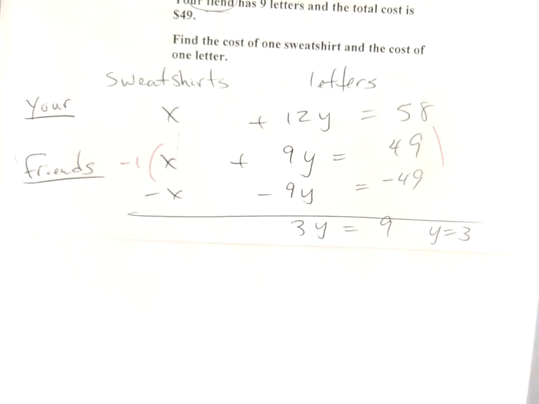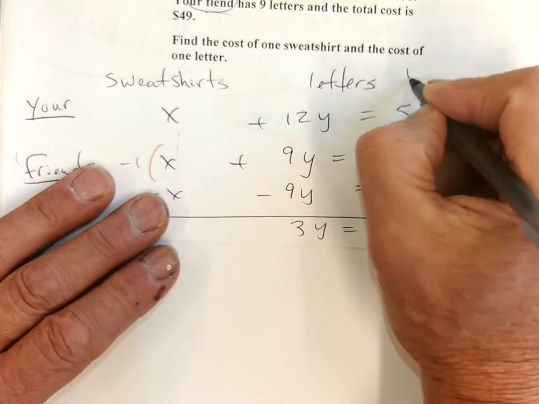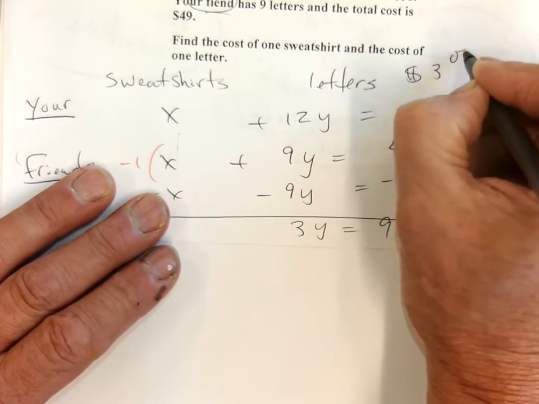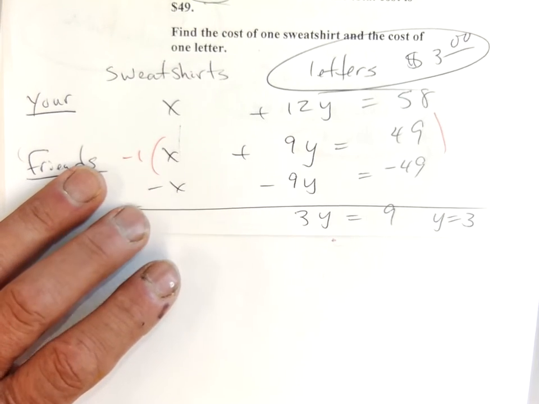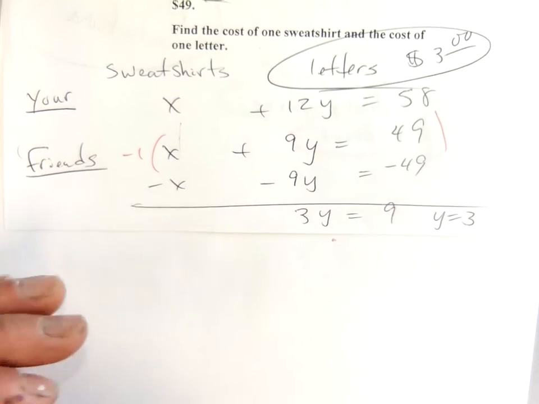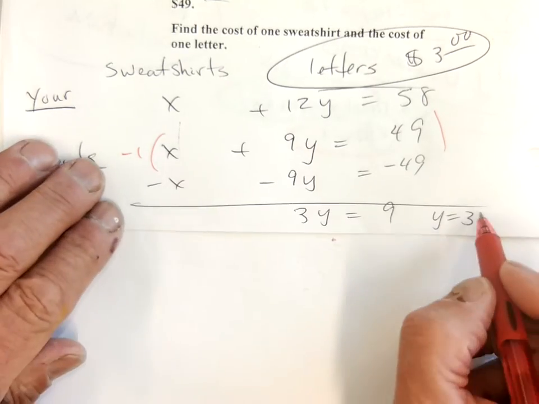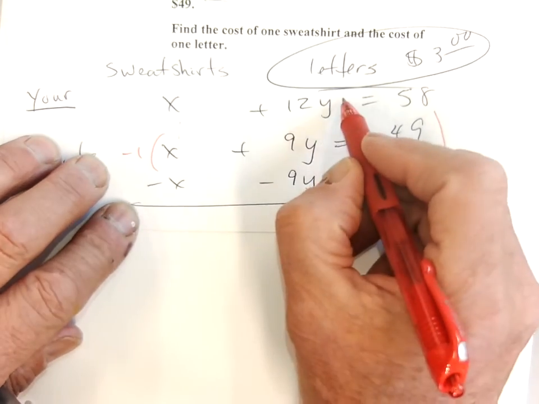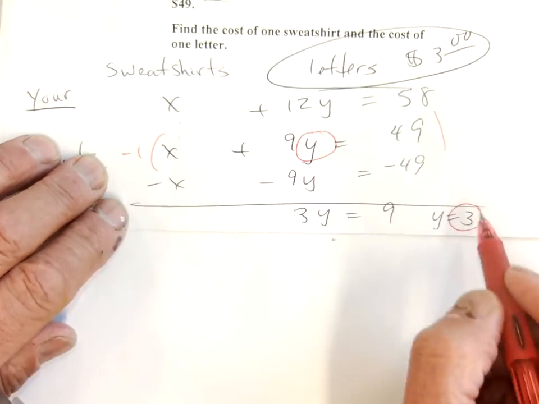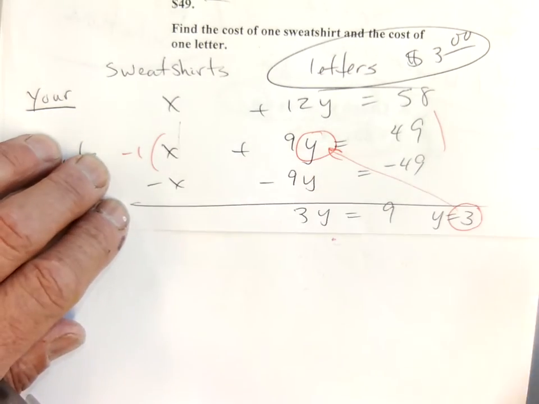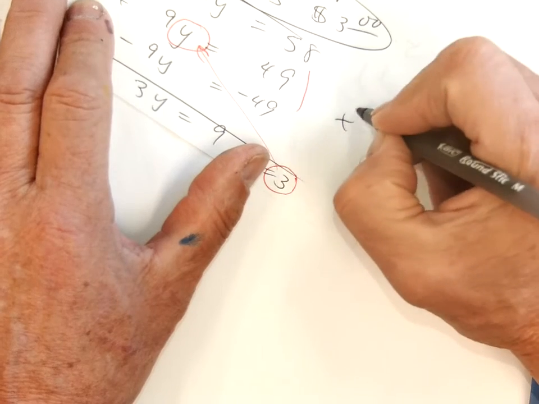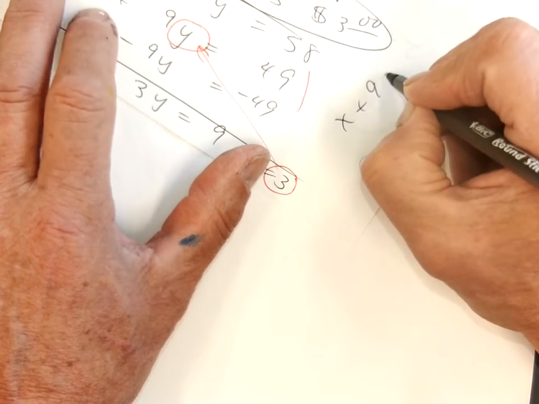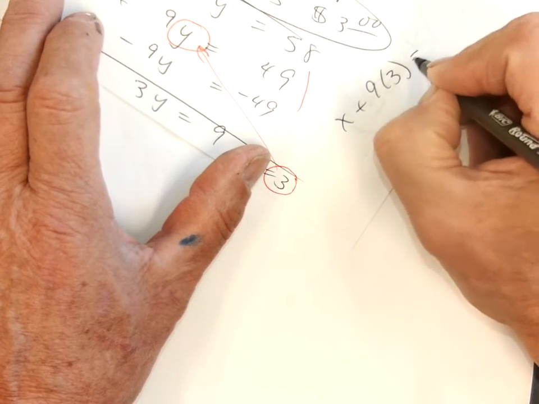Okay, so this tells me the cost. I know the cost of letters. So our letters are $3 per letter, okay? Now let's figure out what the cost of a sweatshirt is. I'm just going to plug my 3 into this one. That looks easier, doesn't it? So I'm going to run out of room, but I'd go X plus 9 times 3 equals 49.